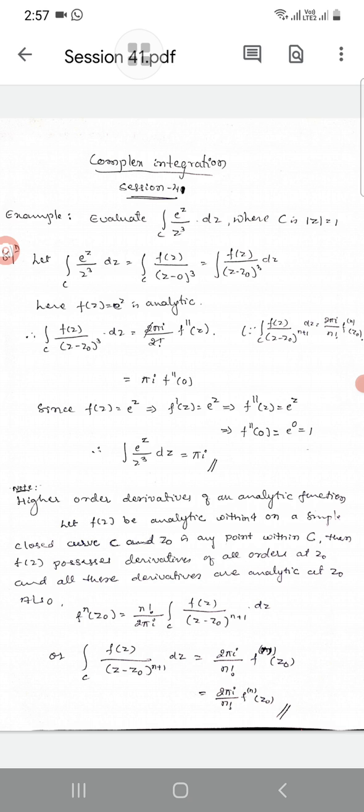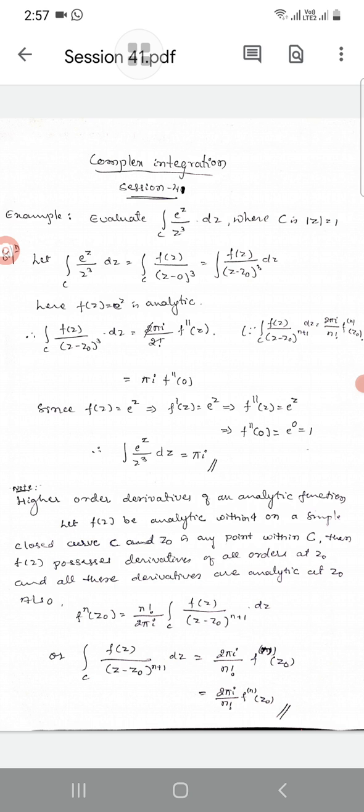Using the higher order derivative of the analytic function, now we will go for one example: evaluate the integral over C of e to the power z divided by z cube, dz, where C is modulus of z equal to 1.